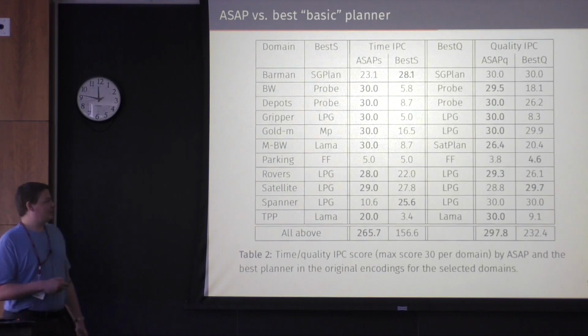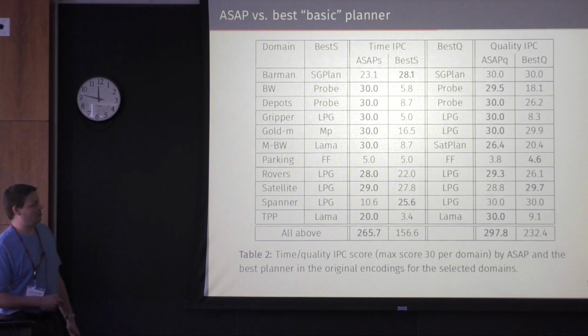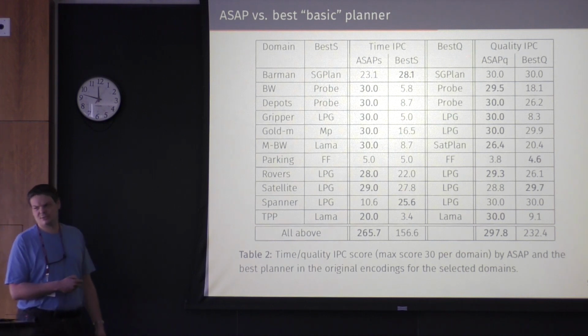We compared against the best single solver, which means the best planner for the original model, and in most cases we were far better. Also more interestingly, for instance in Blocksworld and Depots, the Probe planner, I think the 2011 version, right?